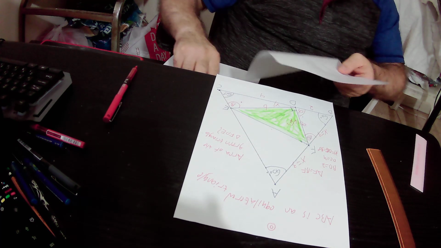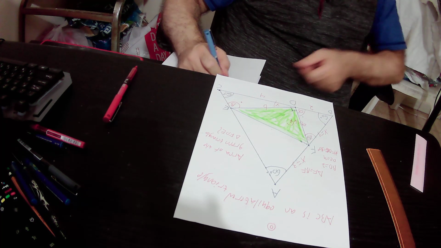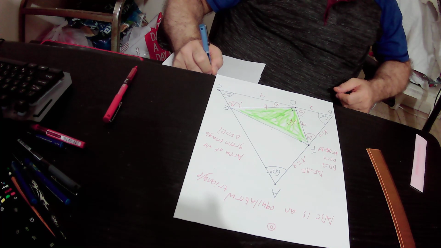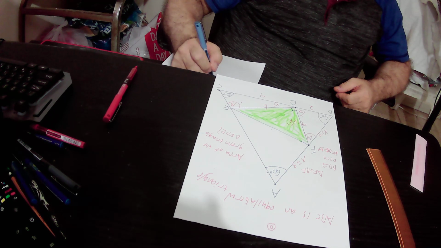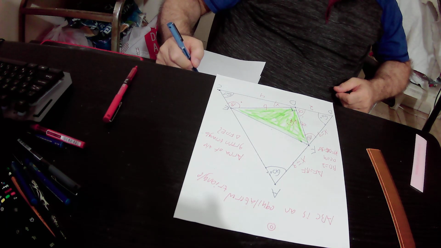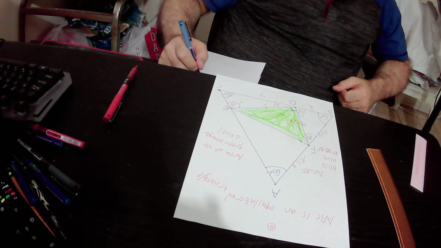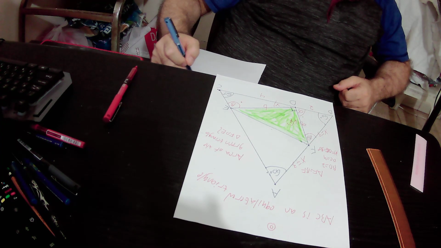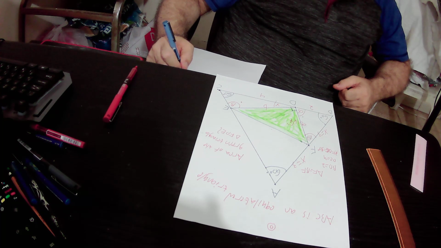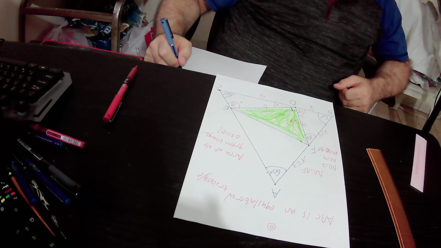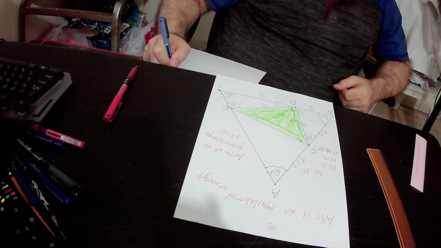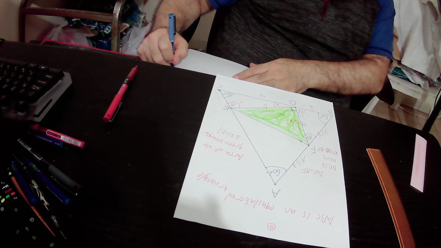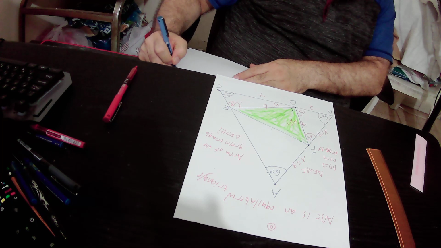So the area of the green triangle FDE equals A, which is root 7, times the value of B, that is root 7 times root 3 times 4 over 5, all divided by 2.